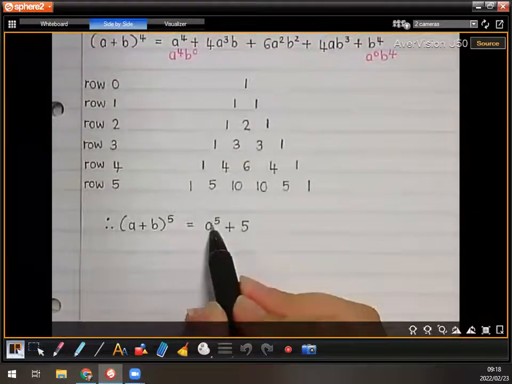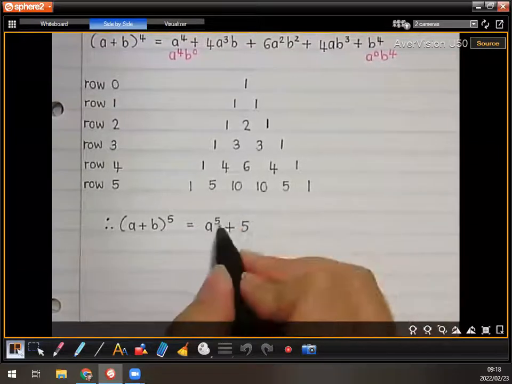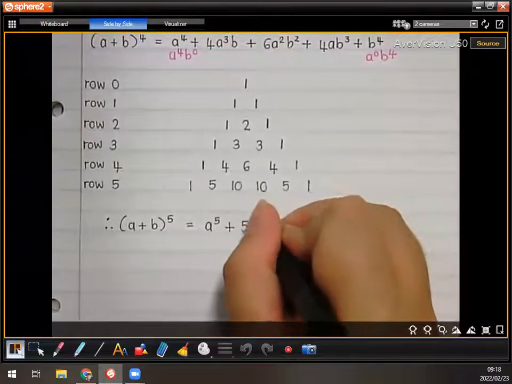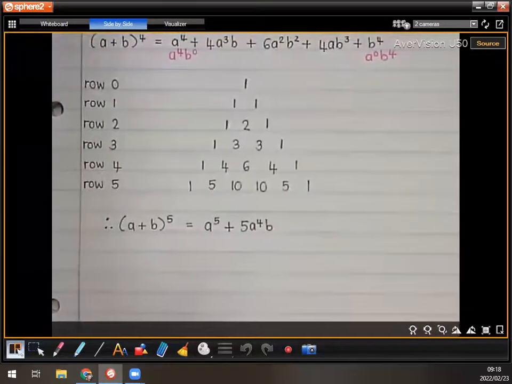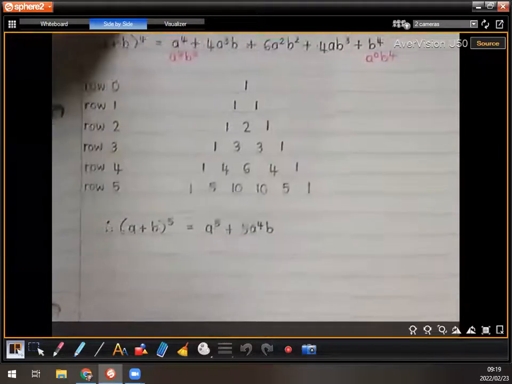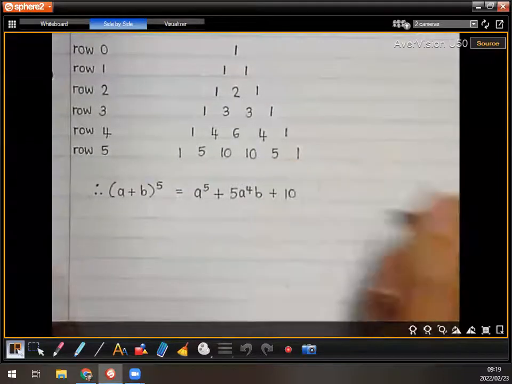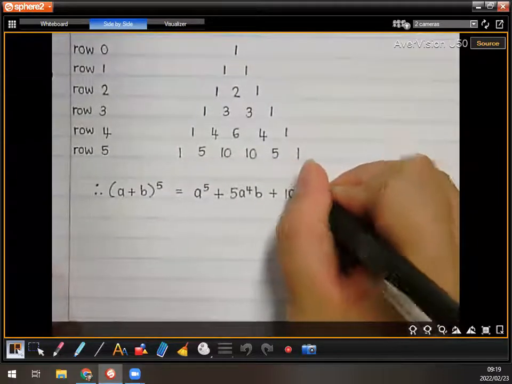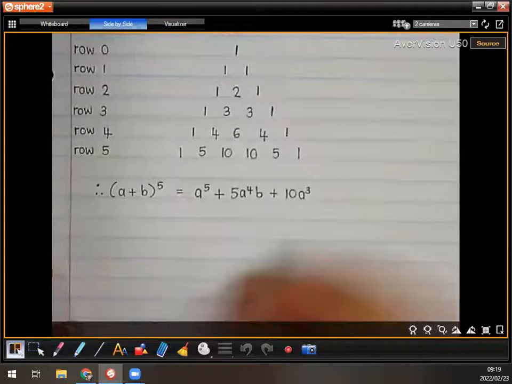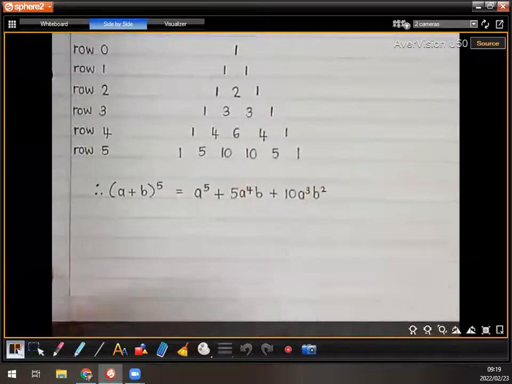Okay? So it's going to have to be a to the 4, and then b to the 1, because it was b to the 0 in the first step. Plus 10 a to the 3, yes, b to the 2.